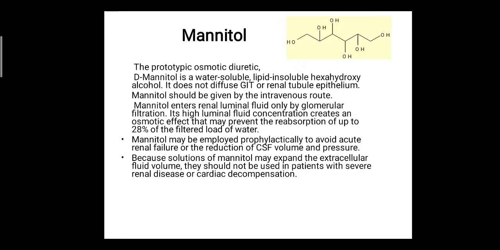Mannitol is employed prophylactically to avoid acute renal failure, or for the reduction of cerebrospinal fluid volume and pressure. Prophylactically means to prevent edema or renal failure; it is employed to reduce the volume of CSF.